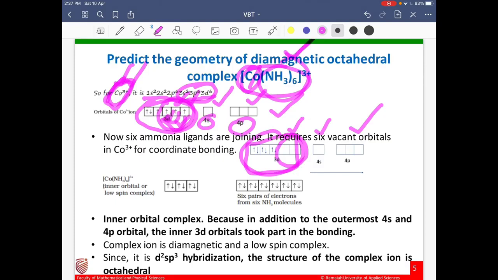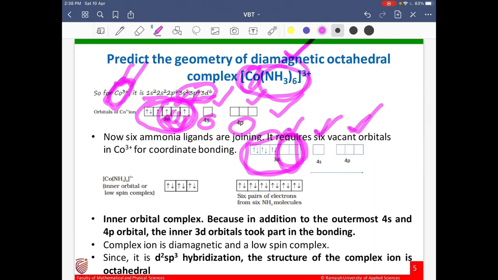We can call it an inner orbital complex because in addition to the outermost 4s and 4p orbitals, you see the type of orbitals which undergo the hybridization: one is 4p, then 4s. They are outermost orbitals, and 2 orbitals from 3d are inner orbitals.